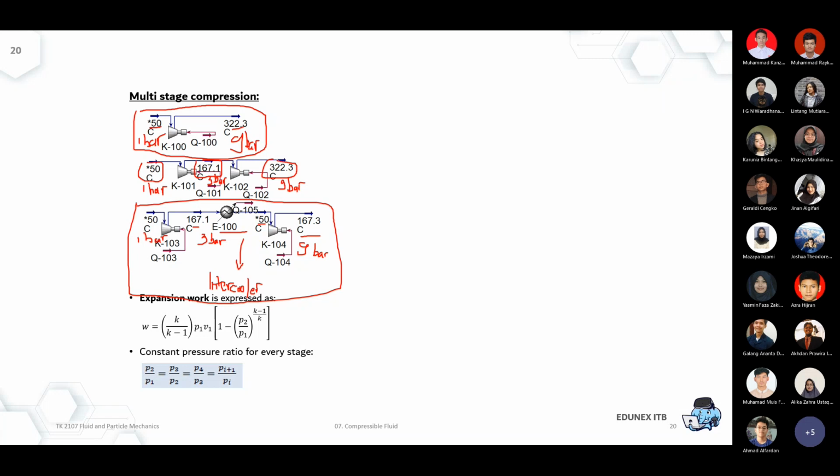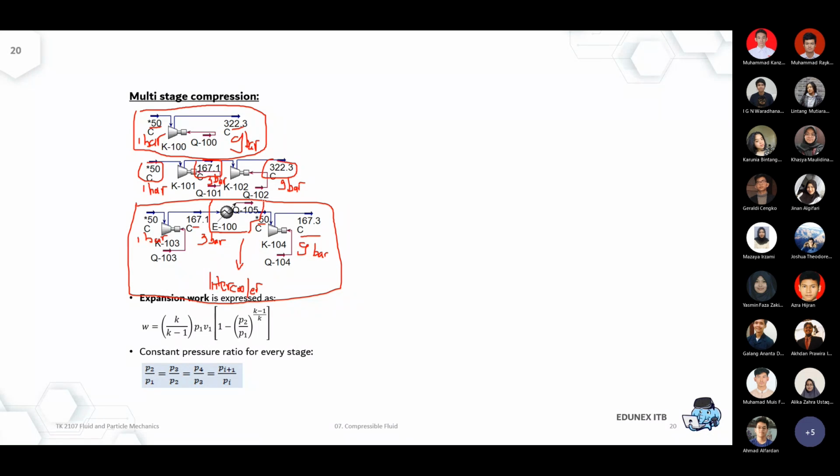So it's almost meaningless. When you want to involve a multi-stage compressor, it's almost 100% supplied with an intercooler to reduce the temperature.